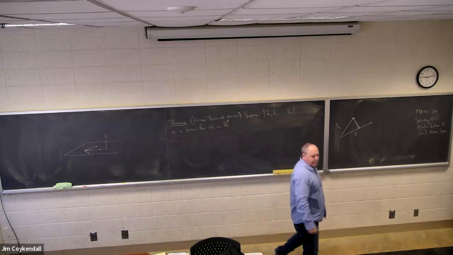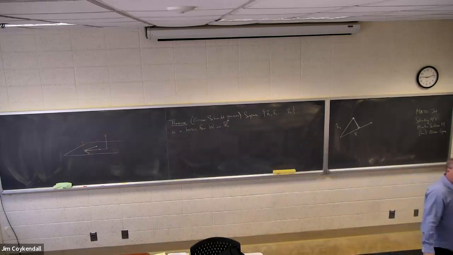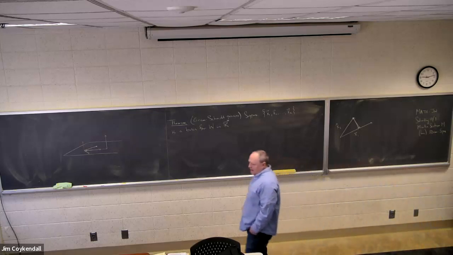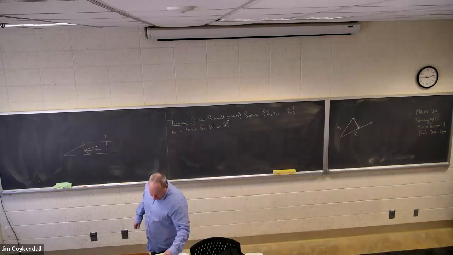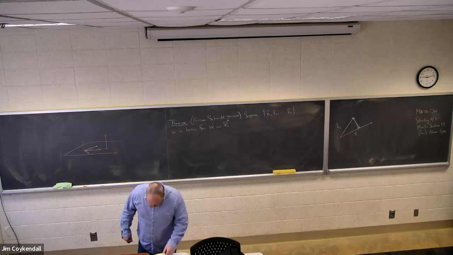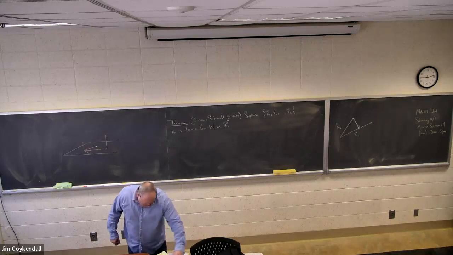So suppose that I just have some basis for the subspace W. It's the span of those vectors, plain and simple, right? I can take this basis and make an orthonormal or orthogonal basis.